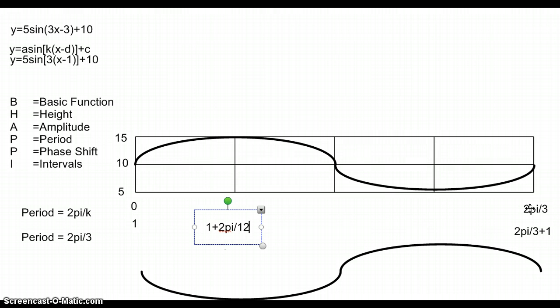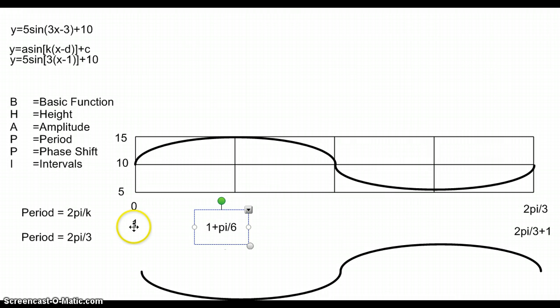So instead of having 2 pi divided by 4, which is pi by 2, and that's how every quadrant is formed, we are taking 2 pi over 3 and dividing that by 4, and we get 2 pi over 12, which we could simplify to pi by 6. So we're adding pi by 6 as an interval.